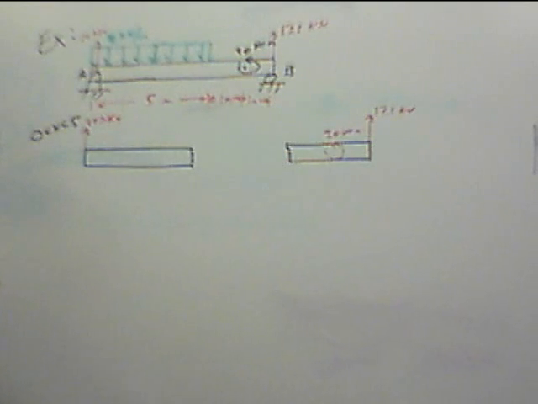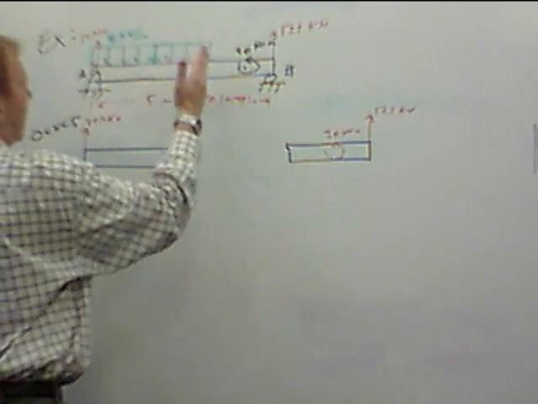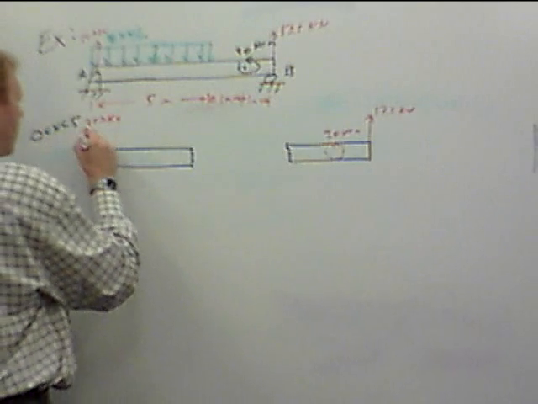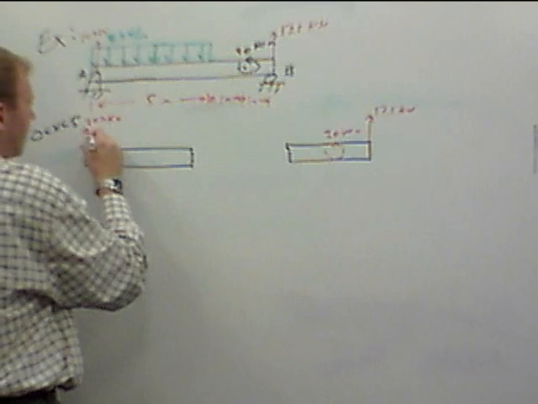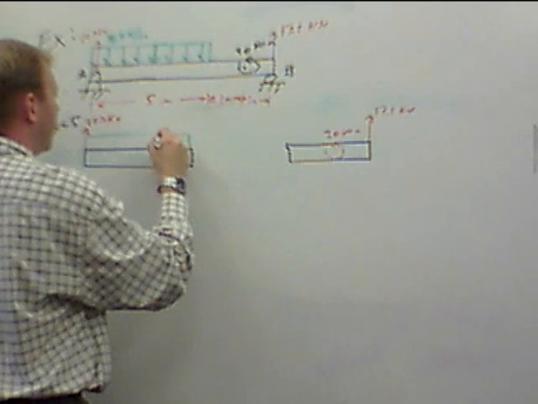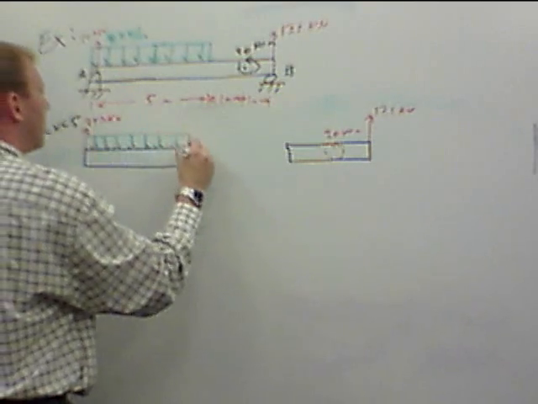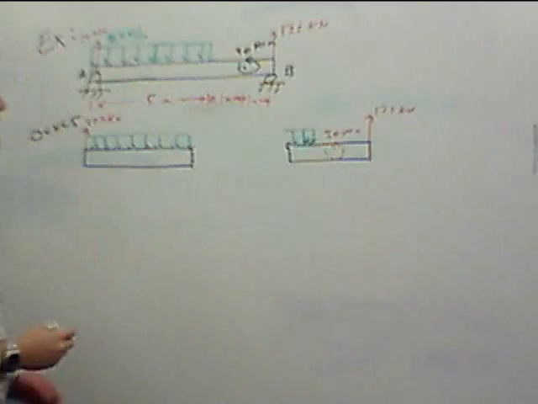Okay, the important thing is this cut here can happen anywhere between 0 and 5 meters. Okay, so that means no matter where we cut it, unless we cut it at one of the very extremes, we're going to have some of the distributed load on the left side and some of it on the right.